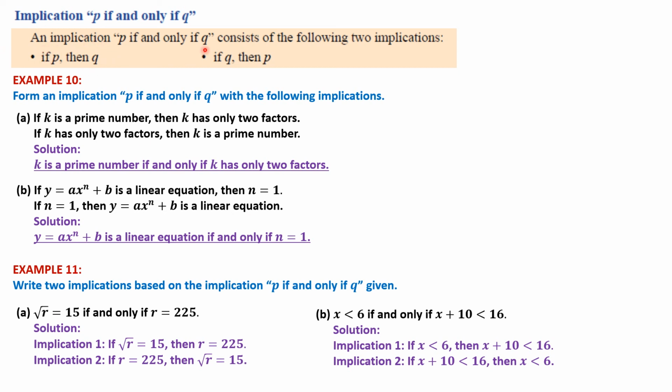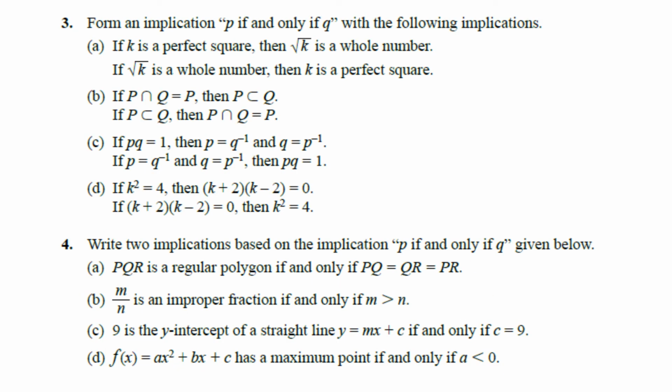Implication 1, the format is if P then Q. Implication 2, the format is if Q then P. So you write like this: if x is less than 6, comma, then x plus 10 is less than 16. For the second implication, we write Q first: if x plus 10 is less than 16, comma, then x is less than 6.